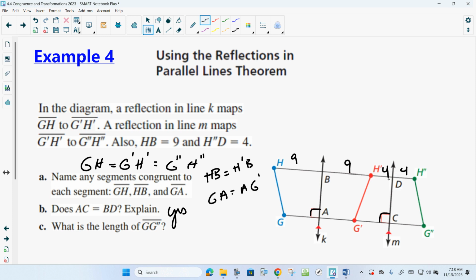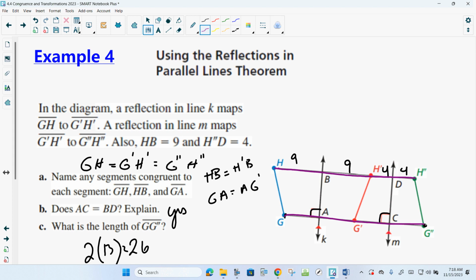Now, what is the length of G to G double prime? Using the formula, the answer is 26. It's 2 times D, but I want to explain it in a little bit better way. The figure created here, and we haven't talked about parallelograms yet, is a parallelogram.